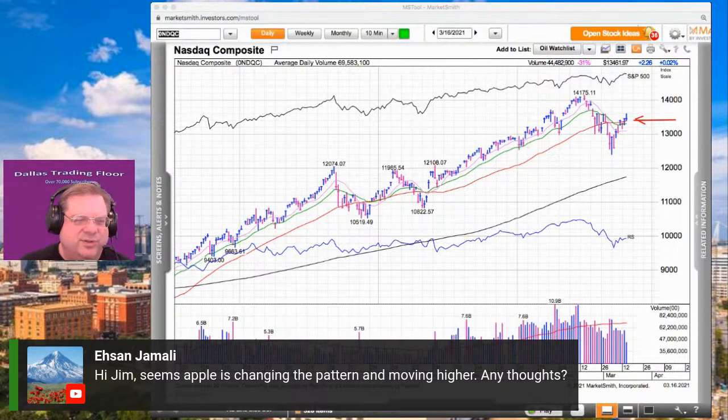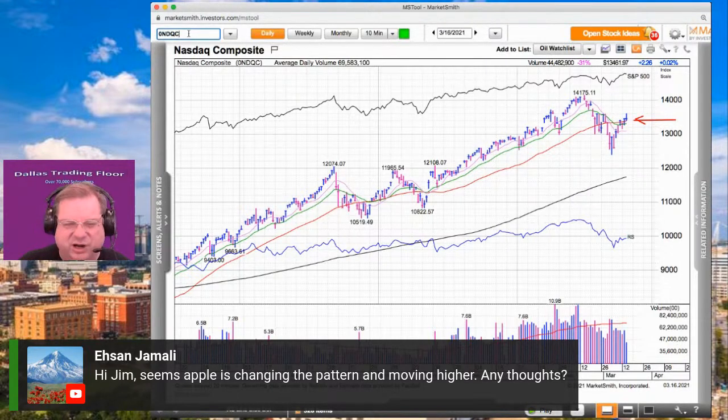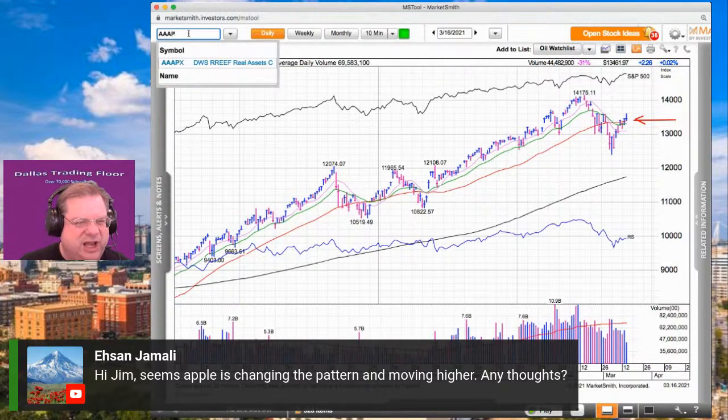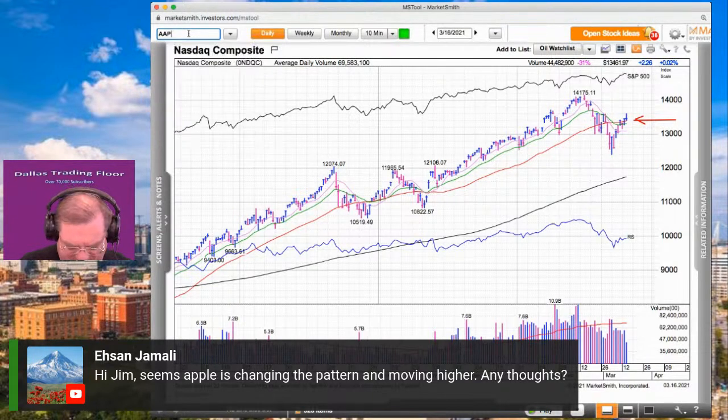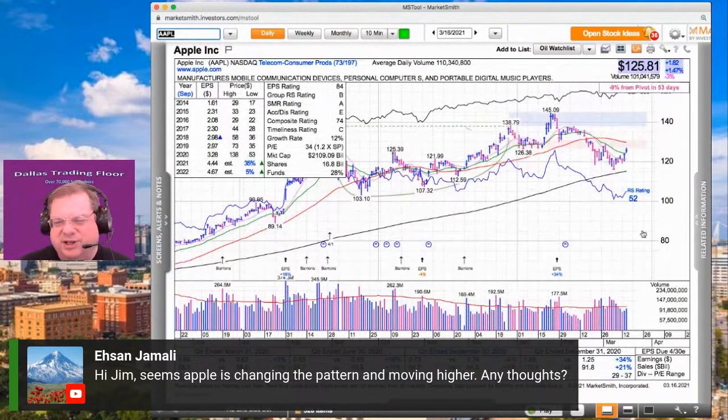And basically, that's why I initially went over the Apple chart with you with my bull call spread, but I do believe it is changing direction here, and that's why I put on the bull call spread. This is the chart currently of Apple, and as you can see, we've moved above a very key level here.